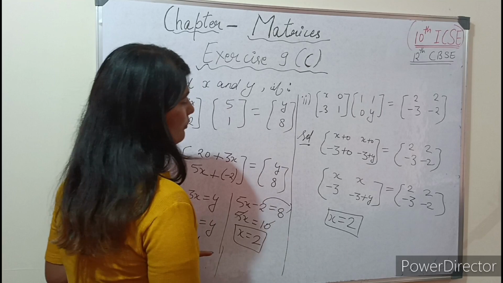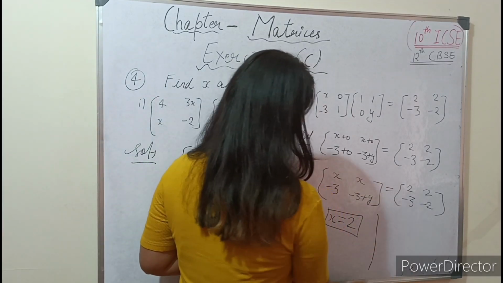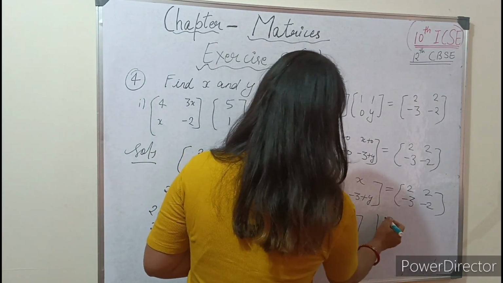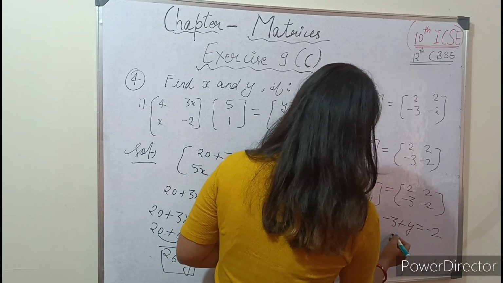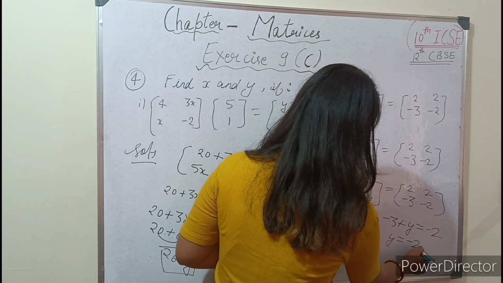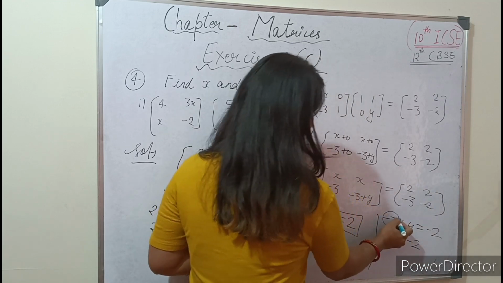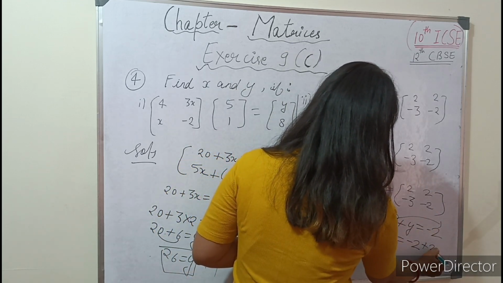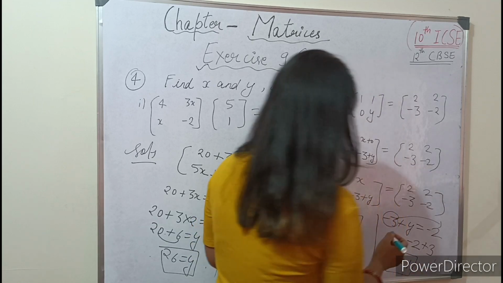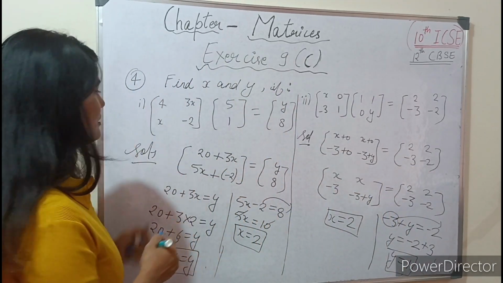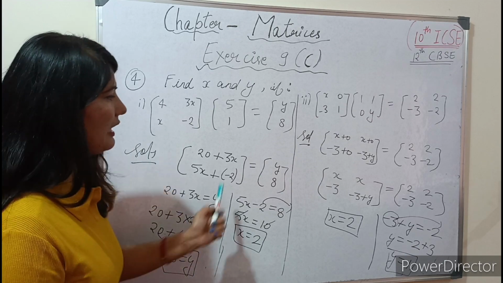And now if you have to find the value of y, you will compare the last term. This is minus 3 plus y is equal to minus 2. This minus 3 will go to this side, become plus 3. So therefore the value of y is 1. This is your answer. This is question number 4, first part and second part.